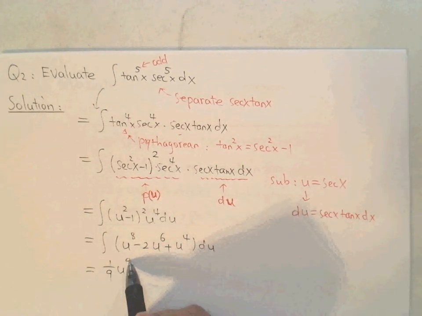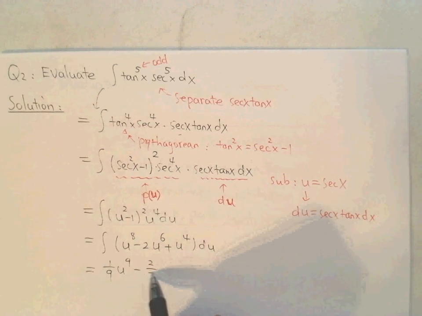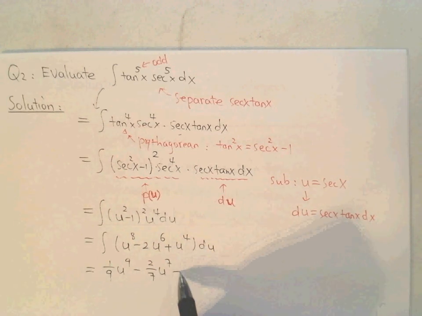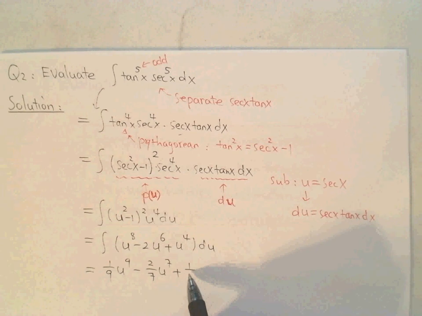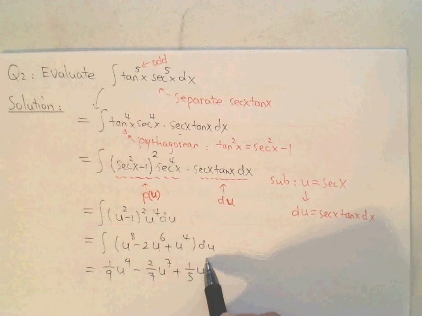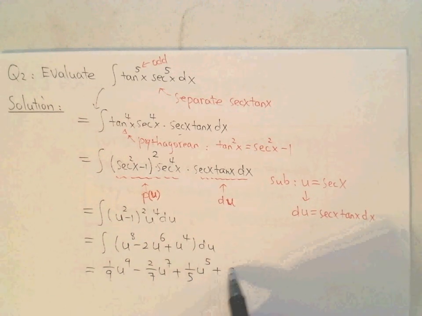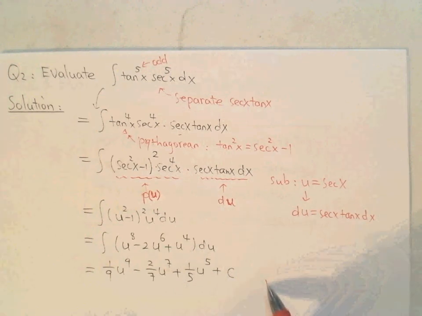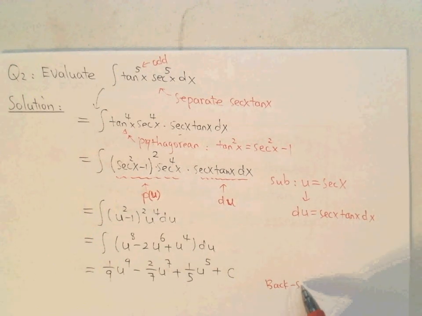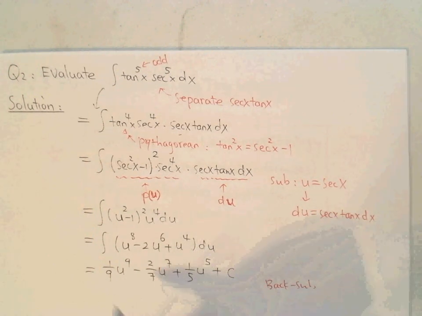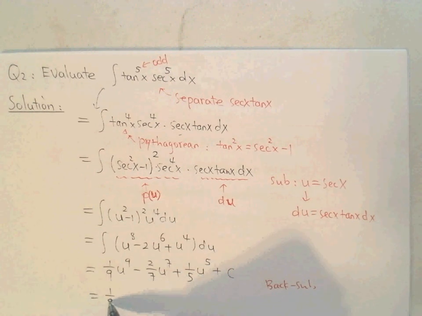So we have the first is 1/9 u raised to the 9th power minus 2/7 u raised to the 7th power plus 1/5 u raised to the 5th power, and plus a constant. The last step is just a back substitute.